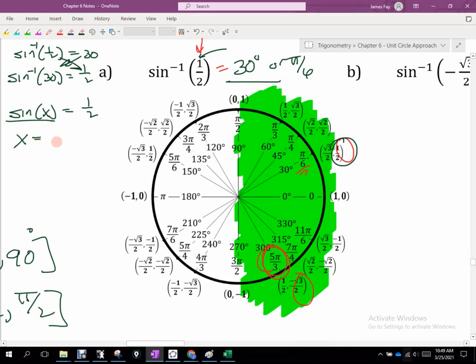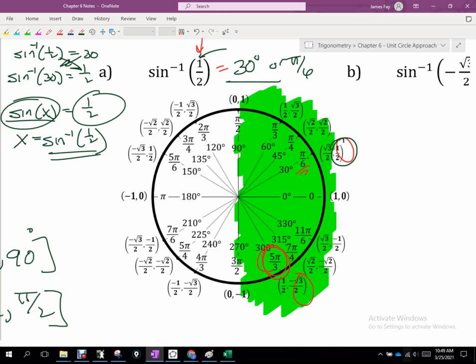And when that cancellation happens, we're assuming that we're going between negative pi over 2 and pi over 2. So those are the only results I'm going to get back. Take the sine inverse of this side, leaves me with x. Then I can use the unit circle and say, oh, that's 30 degrees. But what we find out is that 150 is also another angle measurement that will satisfy the given condition because the sine curve repeats itself from negative infinity to positive infinity, right? So you're going to have more than one answer.